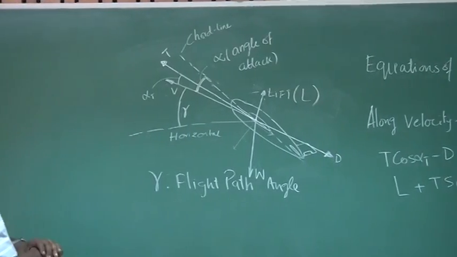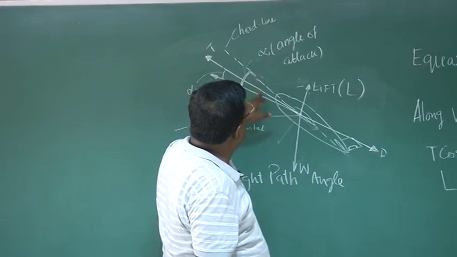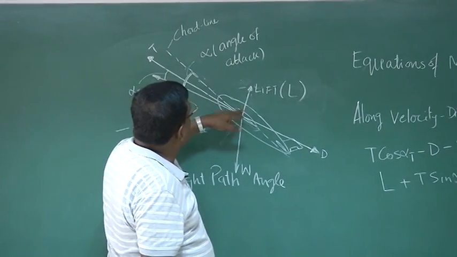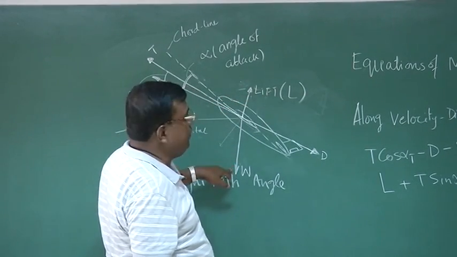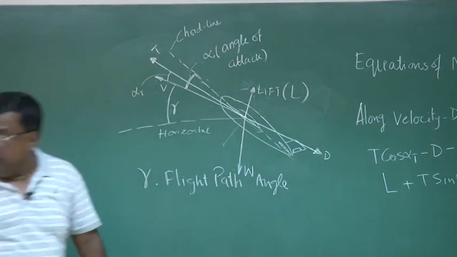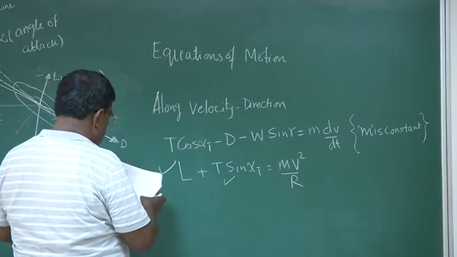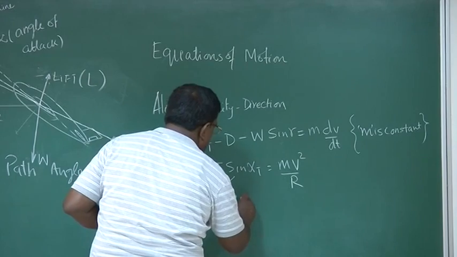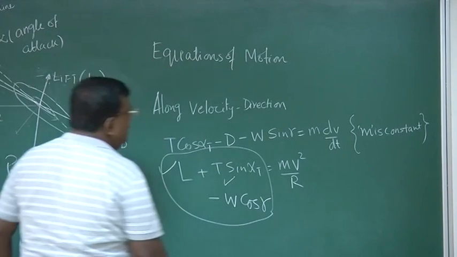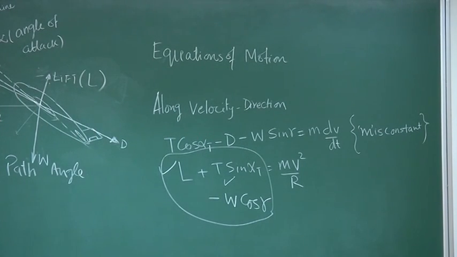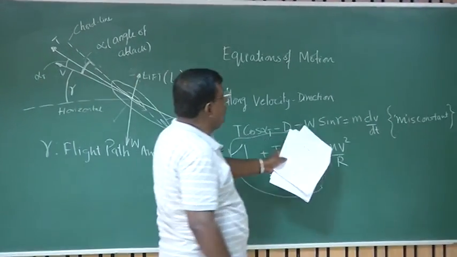Right? Now we'll be writing the equation perpendicular to V, and you could see the forces acting on this vehicle perpendicular to V. One of them is lift, another is a component of thrust, another is a component of weight. So if I want to write this equation now, this is lift perpendicular to V, T sin alpha t is the component of thrust, and then I have to add W cos gamma, and this net force will generate an acceleration, a centripetal type acceleration, which I am equating to mV squared by r.